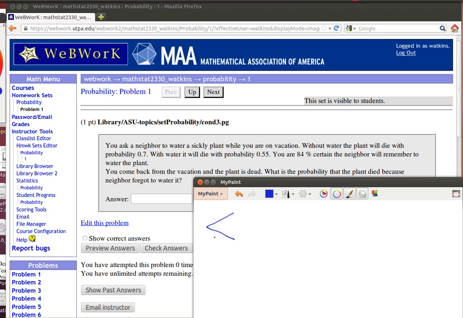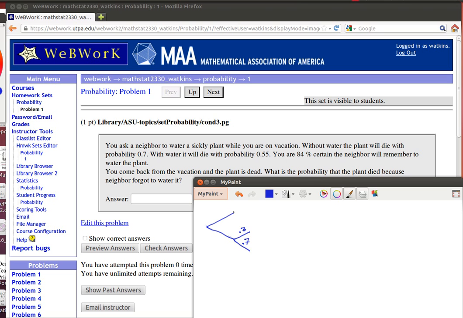So let's say that this branch is the branch that the plant does not get watered. And so one of two things will happen if it doesn't get watered. It will either die, which will be 0.7, or it will live. It'll be 0.3.